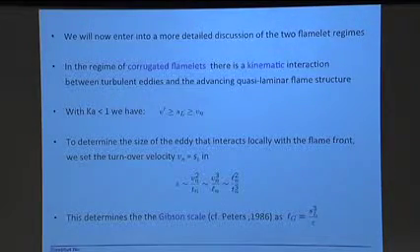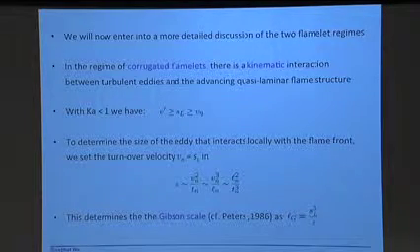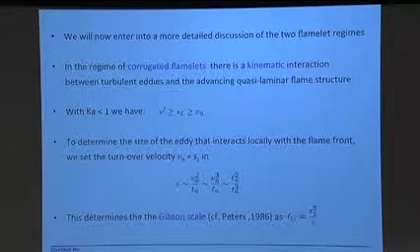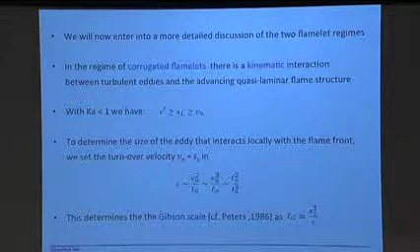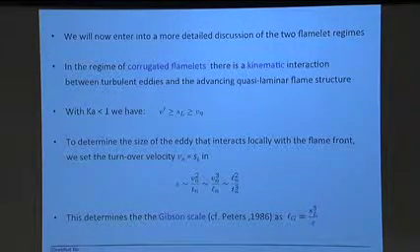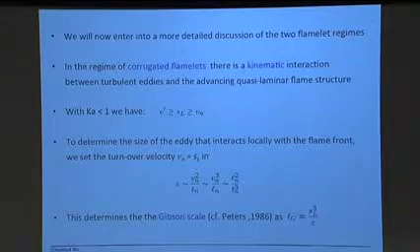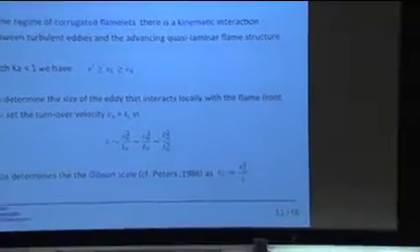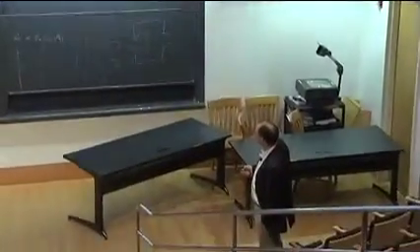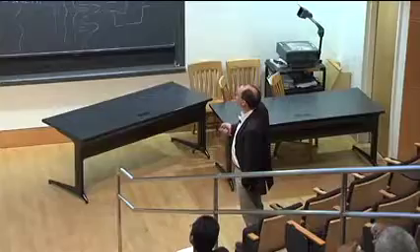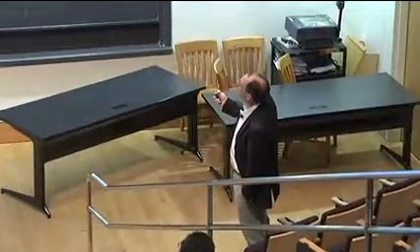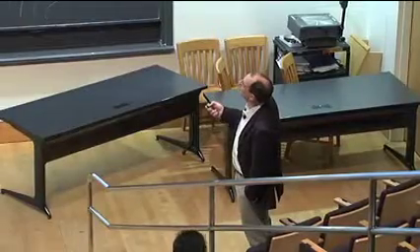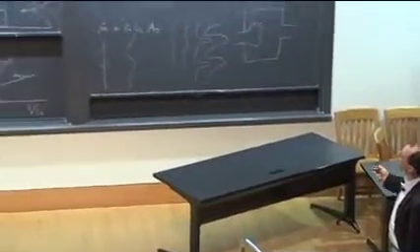That's what I wanted to show you. Okay, so in the corrugated flamelet regime, here I just want to mention a length scale. I don't think it's of much relevance, but there is the so-called Gibson scale, and the Gibson scale is the length scale associated with this line.